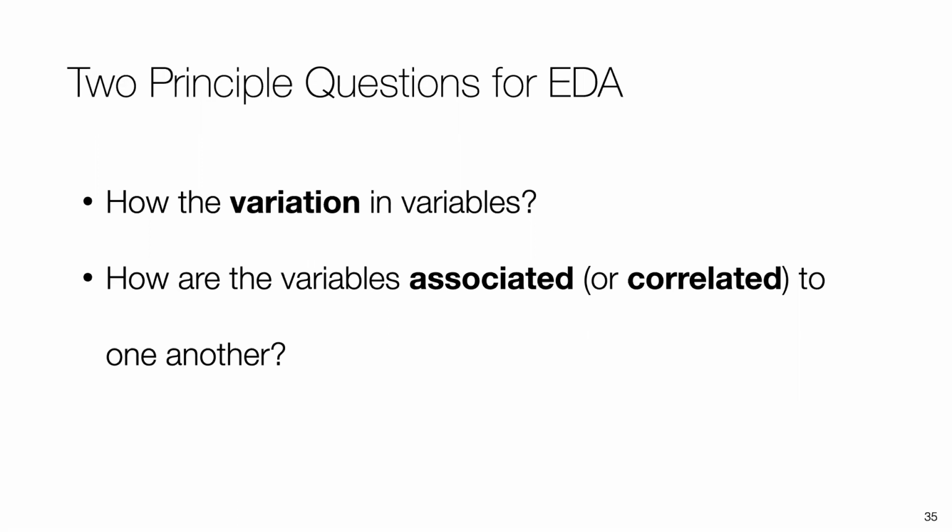A variable is a column in this table data, like salary or age, and how the data in each column varies. And the second thing is how the variables are associated or correlated with one another.